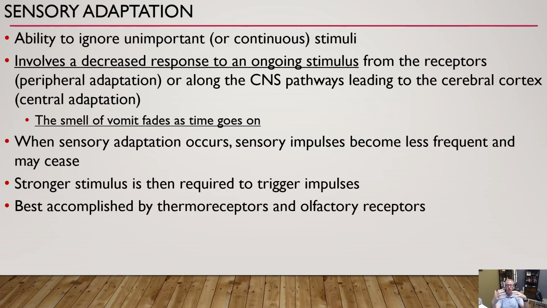Our brain is good at kind of filtering out a lot of things. We hear a lot of things, but we don't necessarily register everything that we hear. Our brain kind of ignores a lot of unimportant conversations, a lot of unimportant things that we see that we really don't process. And then it says ability to ignore continuous stimuli.